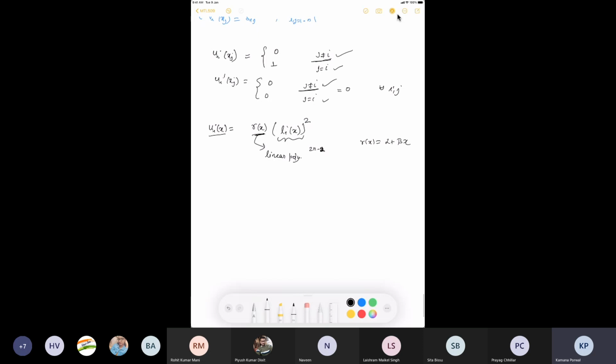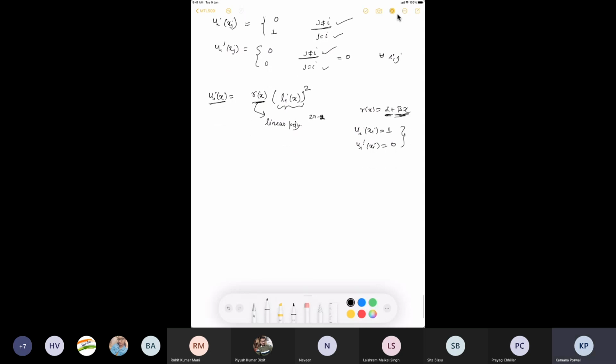To determine these constants alpha and beta, you just verify that Ui at xi should give you 1 as an output and Ui prime at xi should give you 0. So you have these two conditions, you simplify, and you will be able to determine alpha and beta. Okay, so I'm directly writing what you get as an output.